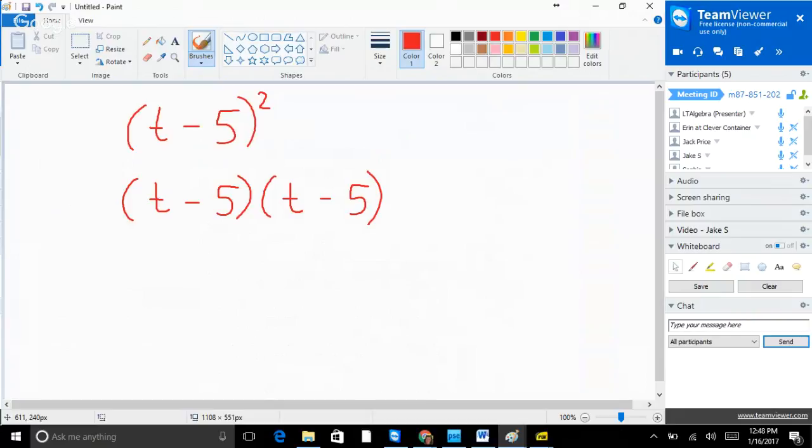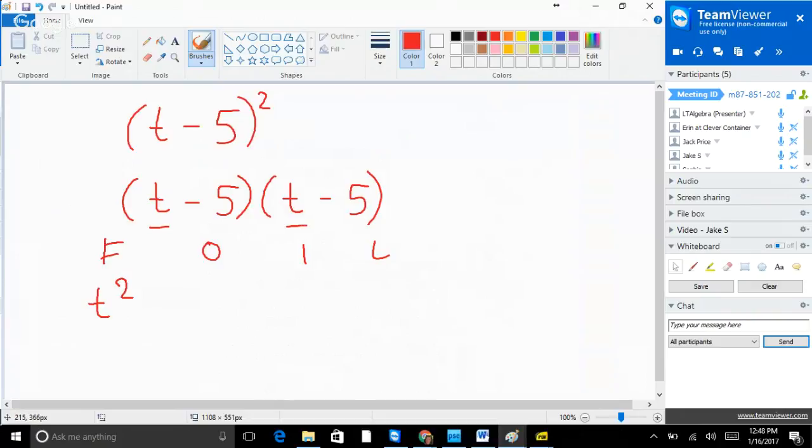To simplify this, to basically get rid of the parentheses, we can use our good friend FOIL. It's our tool to get rid of those. FOIL stands for first, outside, inside, last. So when we FOIL, our first is going to be t times t, which is t squared.